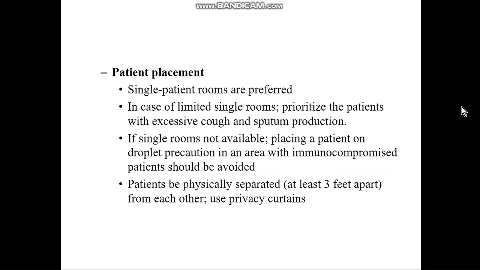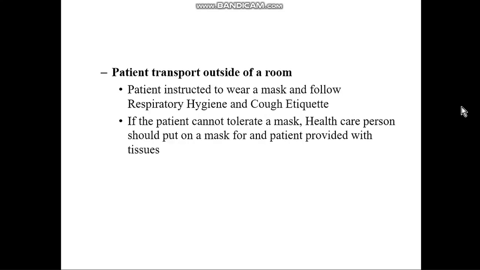Patients should be physically separated at least 3 feet apart using privacy curtains. While transporting the patient outside of the room in medically necessary conditions, the patient should be instructed to wear a mask and follow respiratory hygiene and cough etiquette. If the patient cannot tolerate a mask, the healthcare person should put on a mask and the patient is provided with tissues.